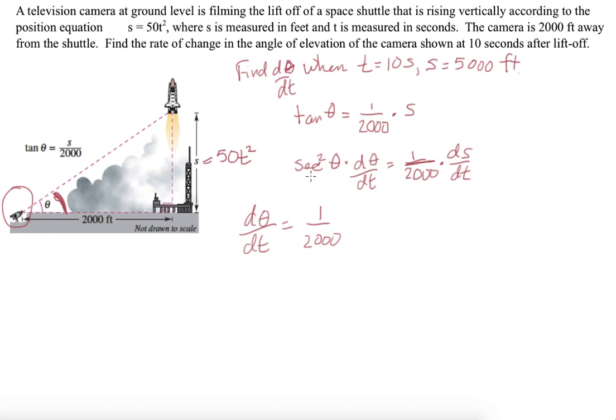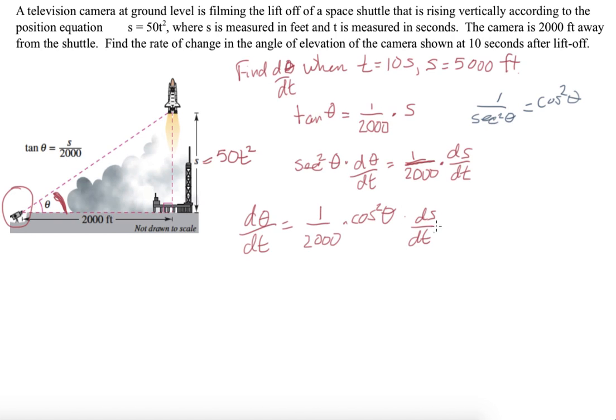Now when we divide by secant squared, 1 over secant squared theta is actually cosine squared theta. So I'm going to replace that and say cosine squared theta times ds dt.